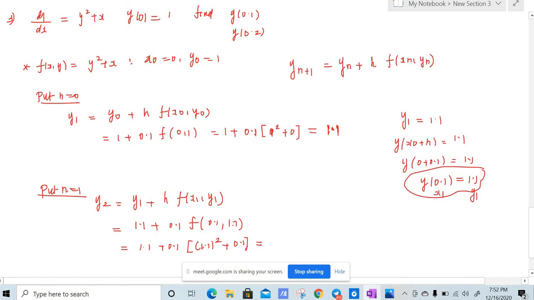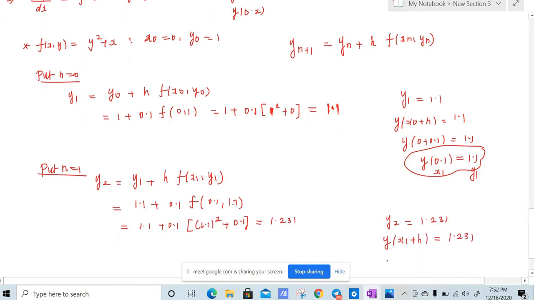So this will be 1.231. So therefore y2 is equal to 1.231. What is y2? It is y of x1 plus h is equal to 1.231. So x1 is 0.1, h is 0.1, is equal to 1.231. Therefore y of 0.2 is equal to 1.231. So we have calculated y of 0.1 and y of 0.2.